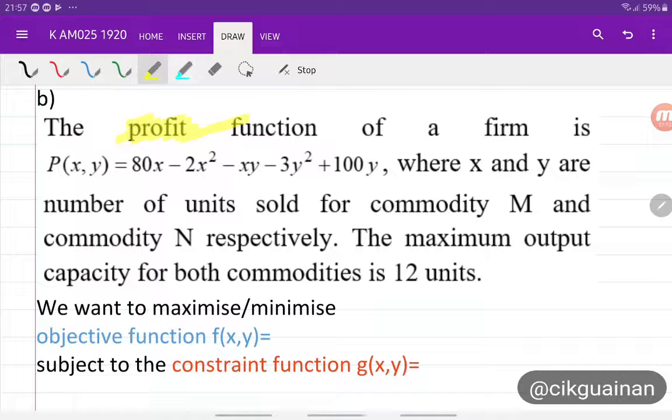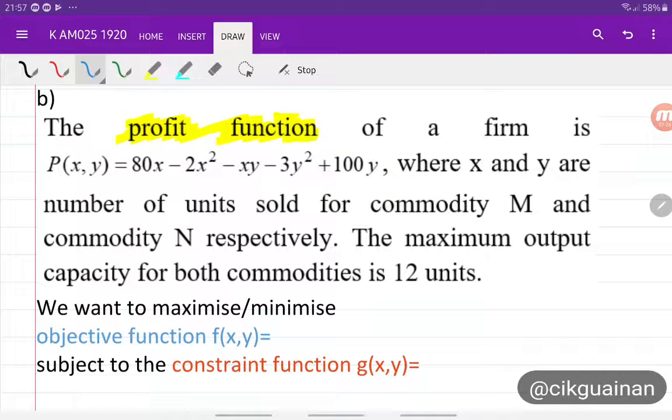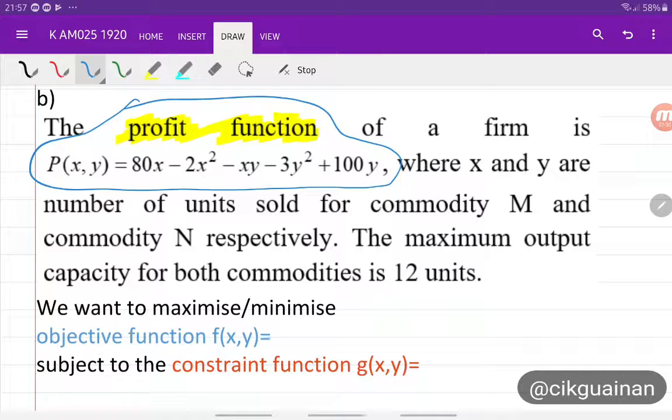We look at the profit function. When we say profit function, for sure we want to maximize, right? So the profit function is automatically the objective function. So we copy and paste here. I know they use P, but we can just change it into F, because later we'll get more confused.